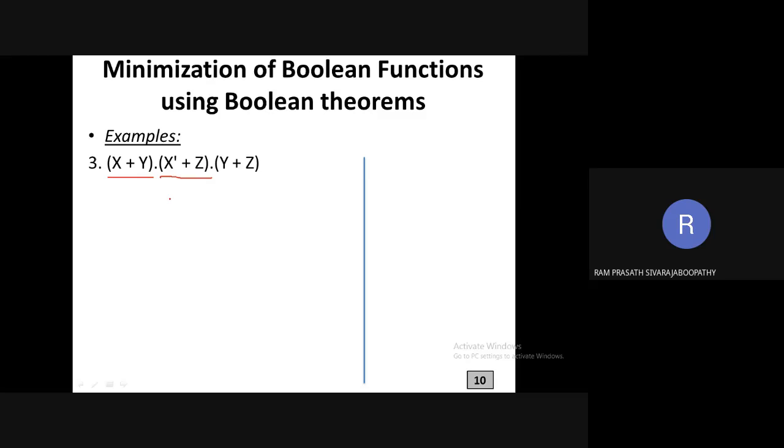So x plus y dot x bar plus z. If you perform this term first, you will get some expression. Apply the Boolean theorems and minimize it, then perform AND with y plus z. Again and again I am repeating, when I say plus, that doesn't mean addition, it is the logical OR operation. Do you have the answer for this, or shall we proceed? Whether I will wait or I will proceed.